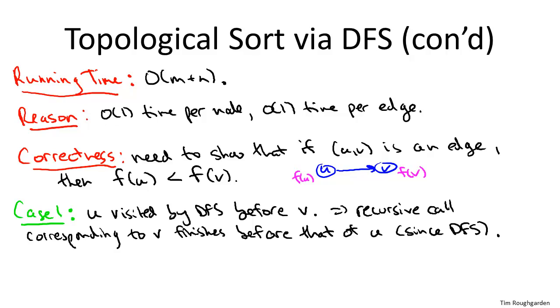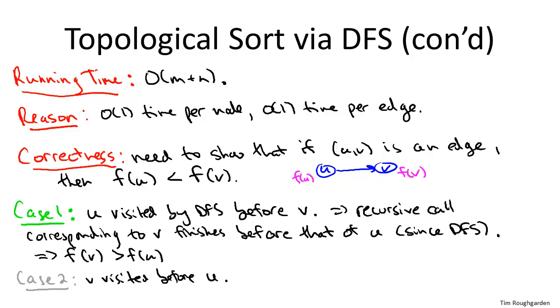Now what's up in the second case, case 2? So this is where v is visited before u. And here's where we use the fact that the graph has no cycles. So there's a direct arc from u to v. That means there cannot be any directed path from v all the way back to u. That would create a directed cycle. Therefore, DFS invoked from v is not going to discover u.